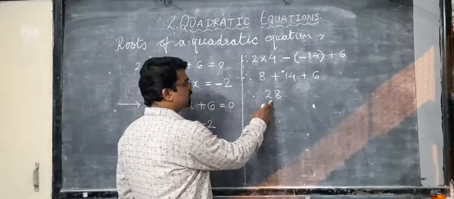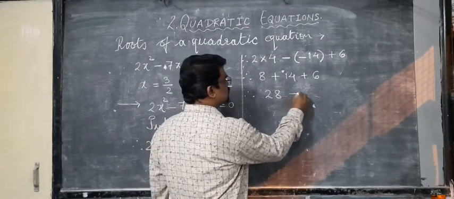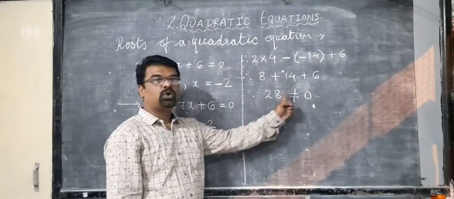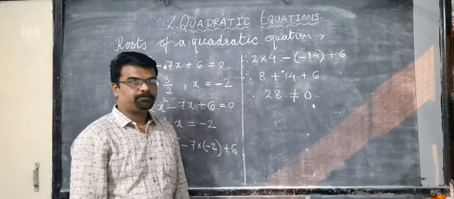No. So here it can be written, therefore 28 is not equal to 0. That means left hand side is not equal to right hand side.